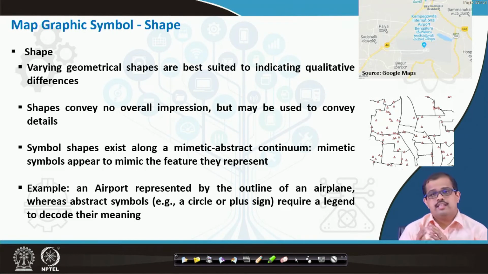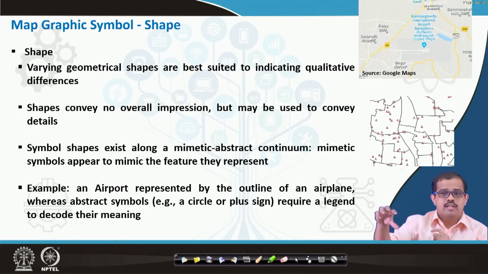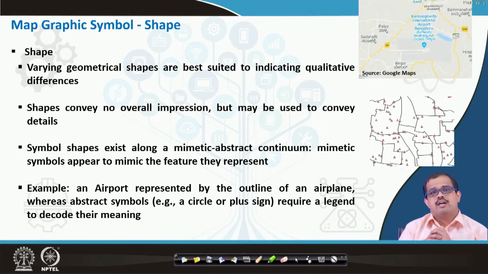Similarly, hotels with lodging facilities are shown with a bed and a pillow. These are symbols which actually mimic the real phenomena. That is where the map symbol is extremely useful, even for shapes. I explained about the airport here.